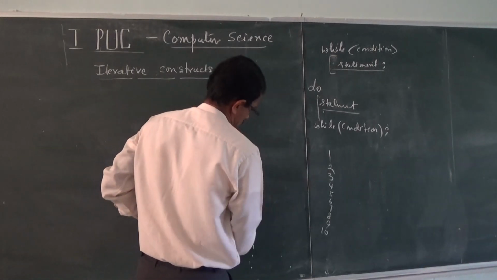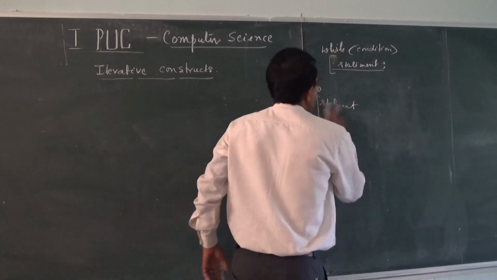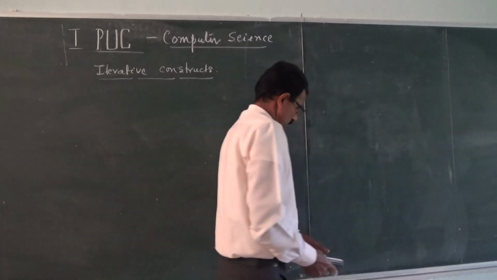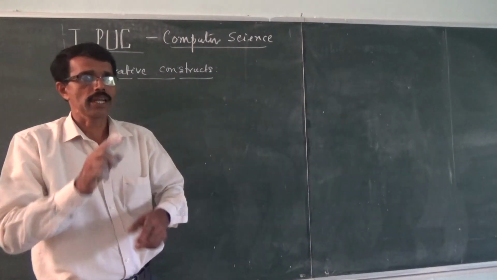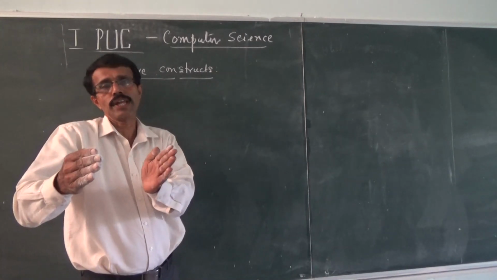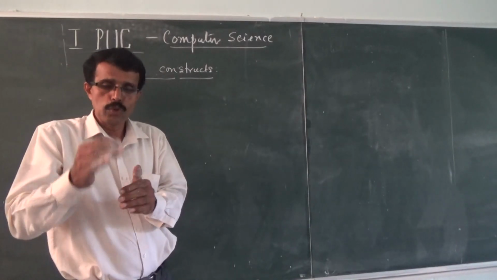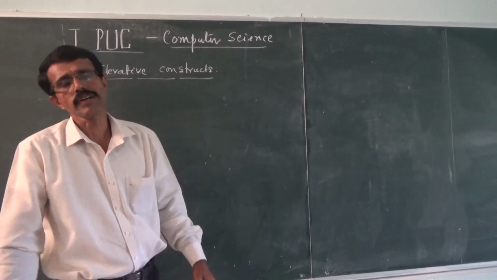Unconditional looping construction. Whatever you propose to execute repeatedly, without any predefined condition, with a target or range you fix, within that range, if you need to execute a number of times repeatedly, definitely there you can use a for loop.